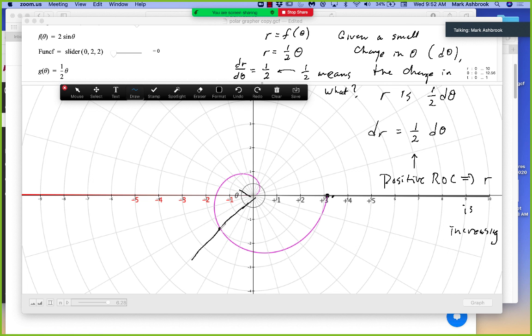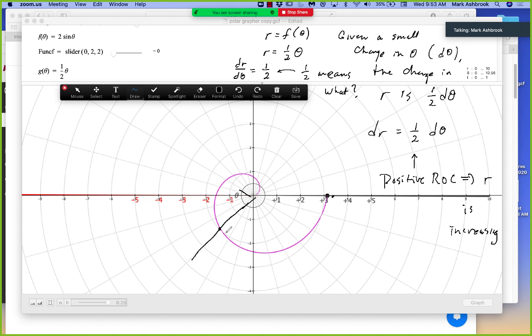Looking just in that local vicinity, how do I know that the rate of change is positive? The radius of the points before it were smaller, and then the radius of the points in front of it would be larger, so you're moving counterclockwise and your radius is increasing. Good.